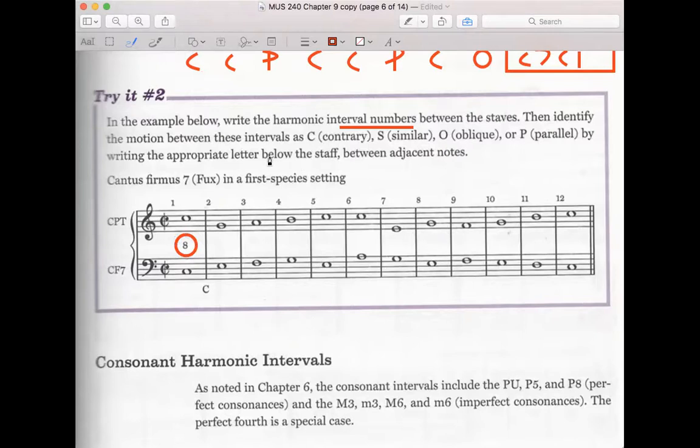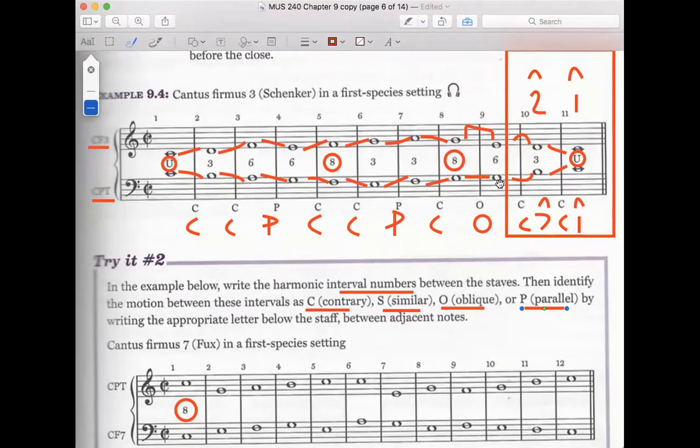Then identify the motion between the intervals. So is it C for contrary, S for similar, O for oblique, P for parallel? Now, if you look over here, how much do we have of what? Well, mainly if you look through, it's mostly contrary motion. There is some parallel motion. There was one moment of oblique, and there was no similar motion.